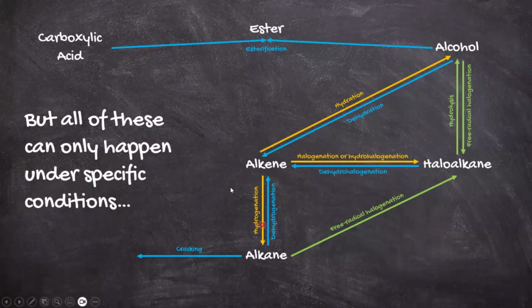From an alkene, let's follow this yellow arrow going up. You can go from an alkene to an alcohol by performing what's called a hydration reaction. Remember that the yellow, or orangey, arrows, call it whatever you like, are addition reactions.